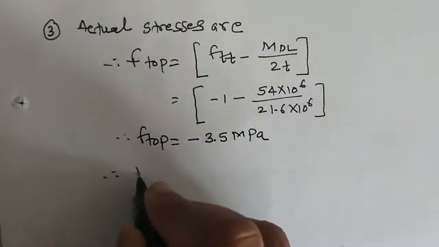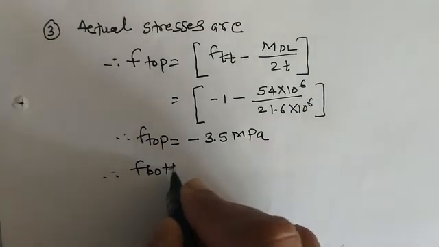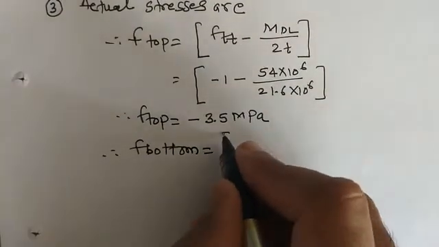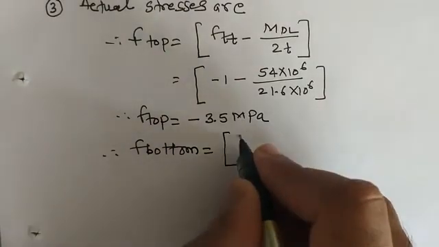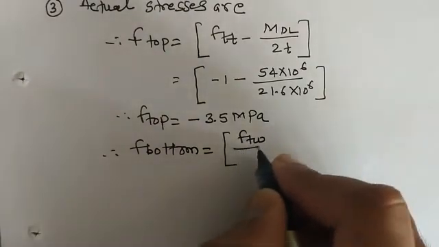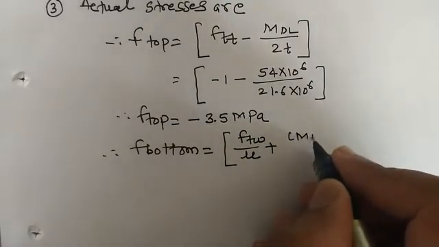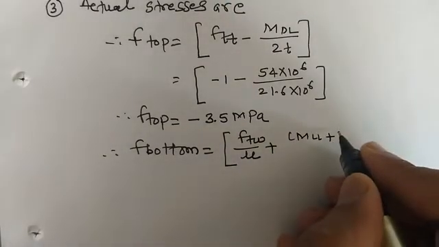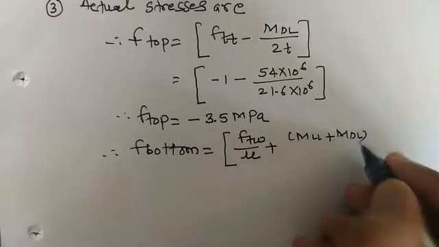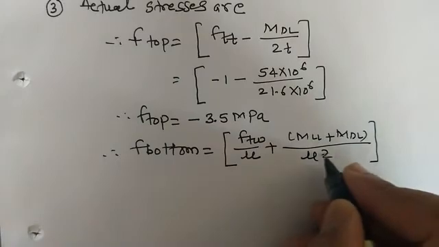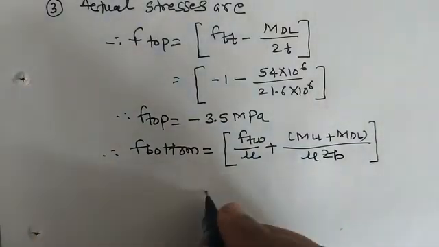Okay, now the actual value of F bottom. What is the actual value of F bottom? The formula is F_TW divided by mu plus bending moment due to live load plus bending moment due to dead load divided by mu into Z bottom.